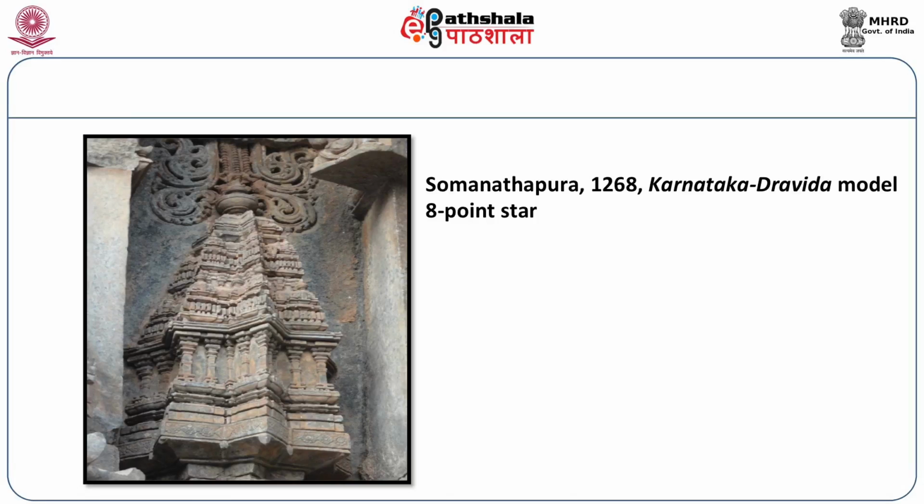We can see some carvings of the models of temples on the walls of these temples. One of the models shown here represents a Karnataka Dravida temple almost in full detail, right from the plinth to the kalasha or the finial. But the interesting part is that this is done on an 8-point star.